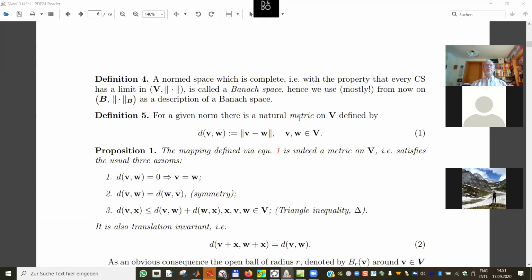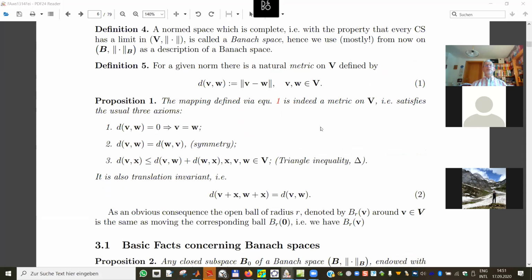Now, I have already mentioned, and because it's here, I continue with this proposition number 1. That's the corresponding definition. If we have a size measurement, we also have a distance measurement. The distance has similar properties immediately following from the 3 properties of the norm. If the distance between 2 objects is 0, they are equal.